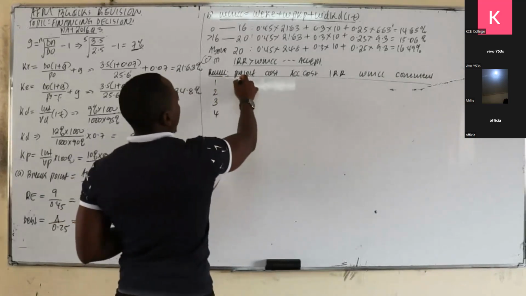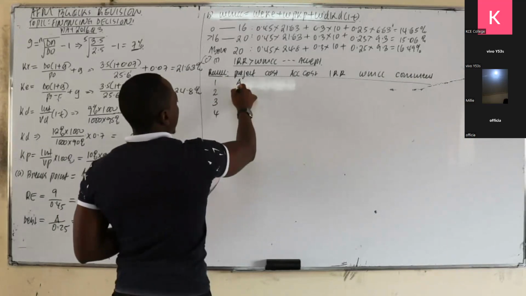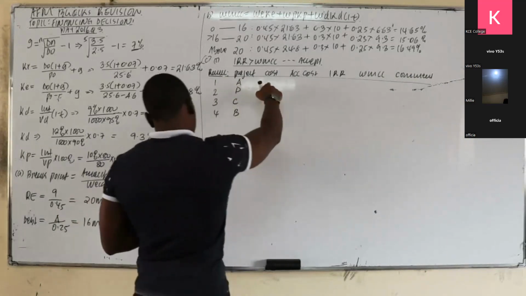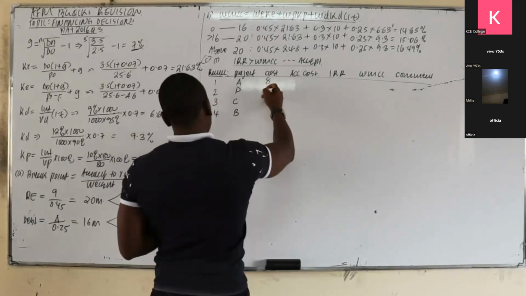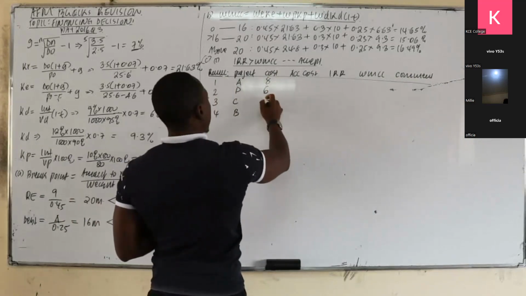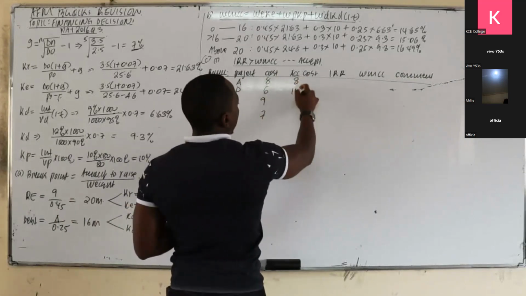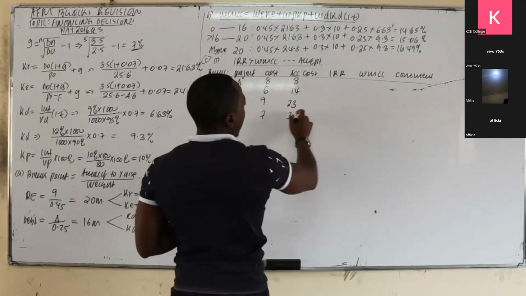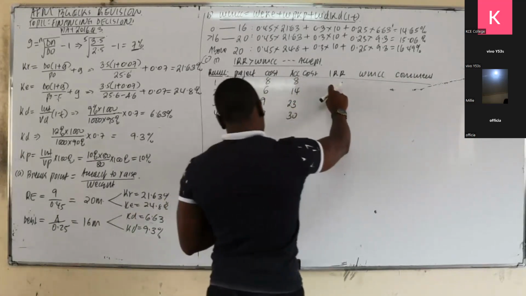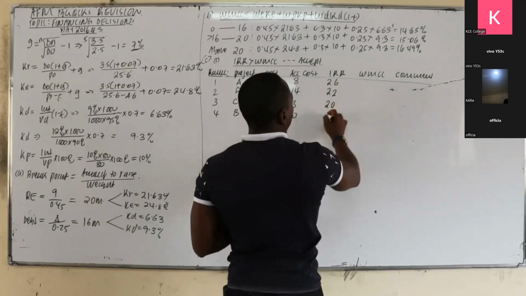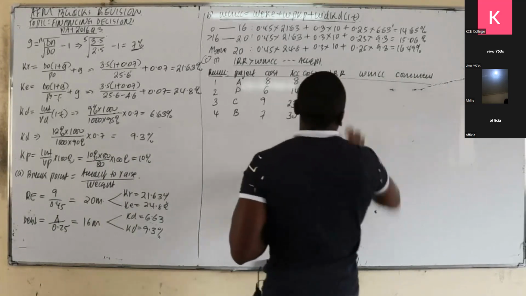Project A requires a cost of 8 million, D is 6, C is 9, and B has the rest. Now we accumulate: 8, 14, 23, 30. And the IRR, we had 26, 22, 20, and now we get the WMCC.